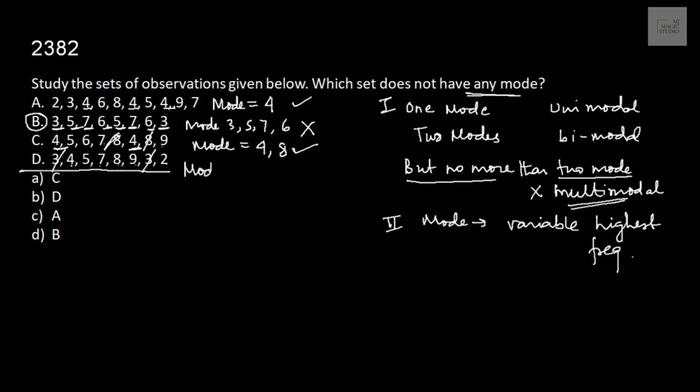That means for distribution D, the mode is 3, which is acceptable. For distribution B, where we have 4 numbers occurring with the same highest frequency, that distribution cannot have any mode. Distribution B has no mode, and B features in option D. We'll mark option D, and that is the correct answer.